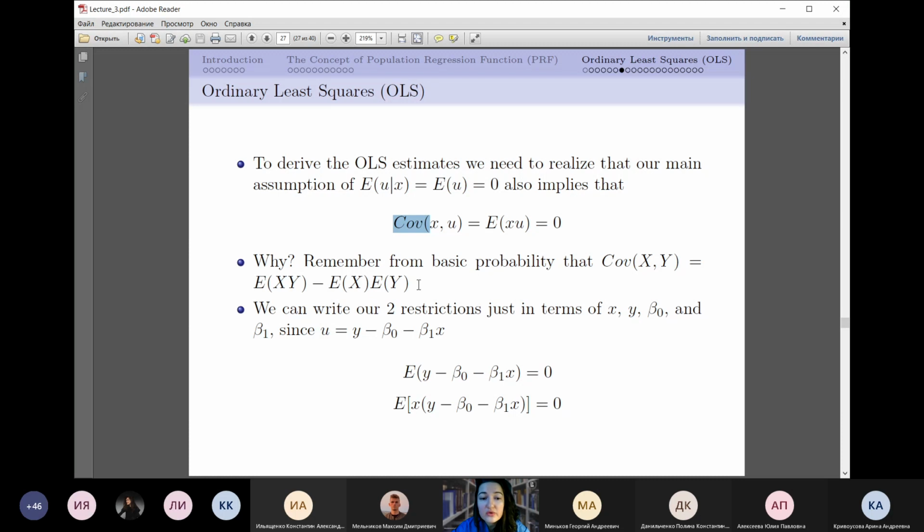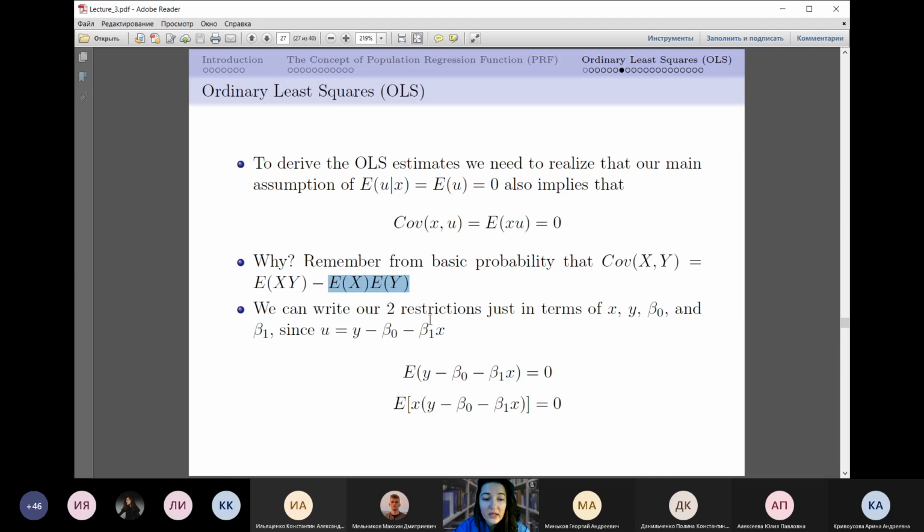This follows from basic probability. What is covariance? I hope that you remember what covariance means. Covariance is linear dependence between two random variables, and it's defined as the expected value of this product.